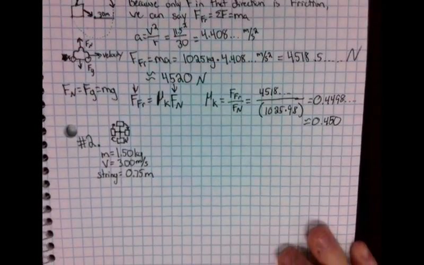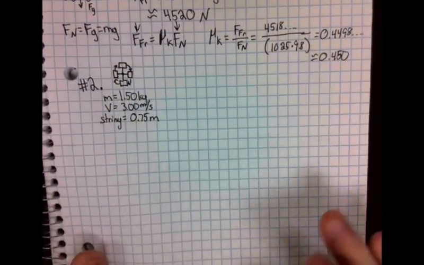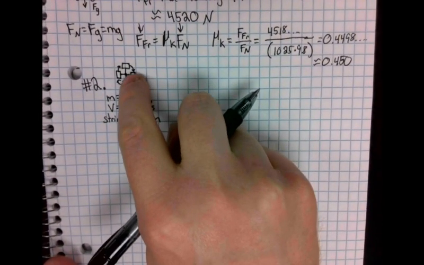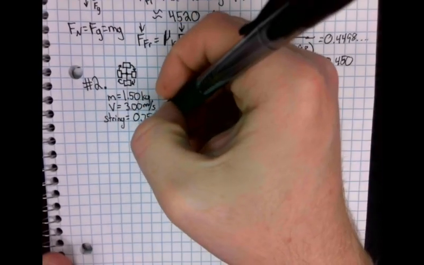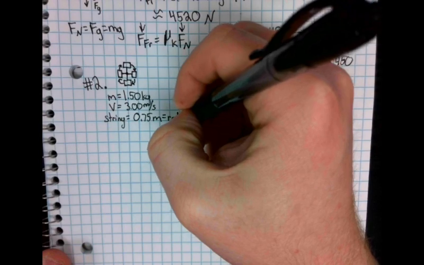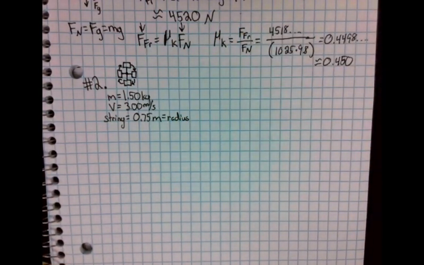Now, if we look at our picture, that string is connecting to a central point and going to the outer edge, which means that is also equal to our radius. The string will tell us what the radius of our circle is. And then from there, we're kind of left to our own devices. We don't really have a lot of other information, but we can make at least a couple of things that we can solve for.